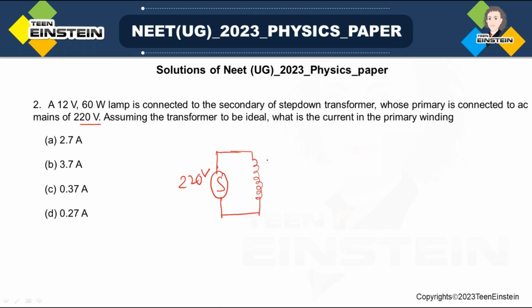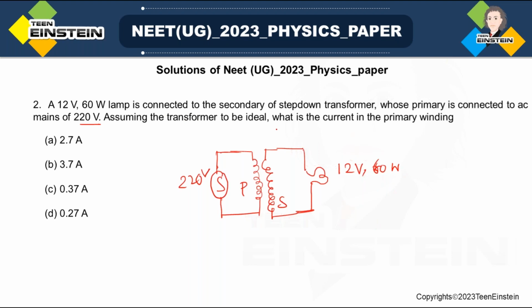Now in the secondary coil, that bulb is connected. So this is secondary, this is primary, and the bulb has a power rating of 12 volt, 60 watt.